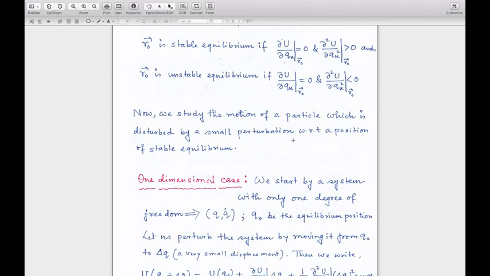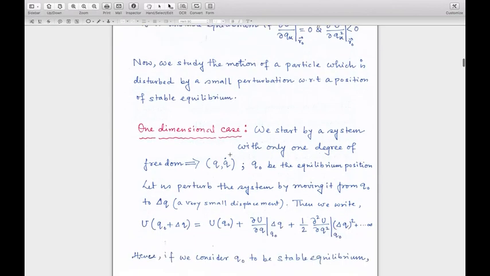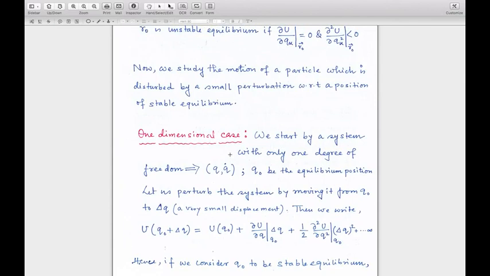so here we study the motion of a particle which is disturbed by only a very small quantity. That means what we say in physics, the first order perturbation, very weak, with respect to a position of stable equilibrium. Okay, so we now consider that r0 is a point of stable equilibrium.